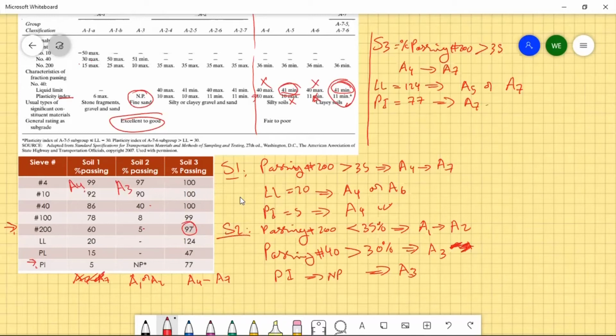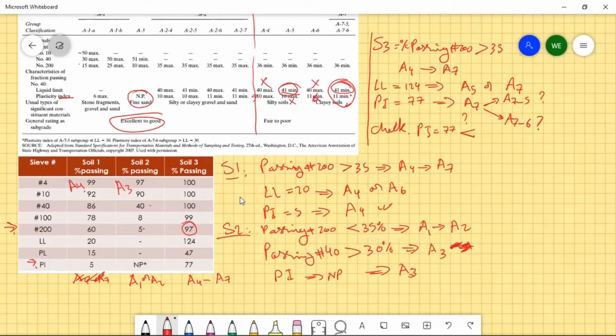Now the question is, is it A7-5 or A7-6? To answer this, it says here that the plasticity index of the A7-5 subgroup should be less than or equal to the liquid limit minus 30. That's the criterion. Let's check. PI equals 77.